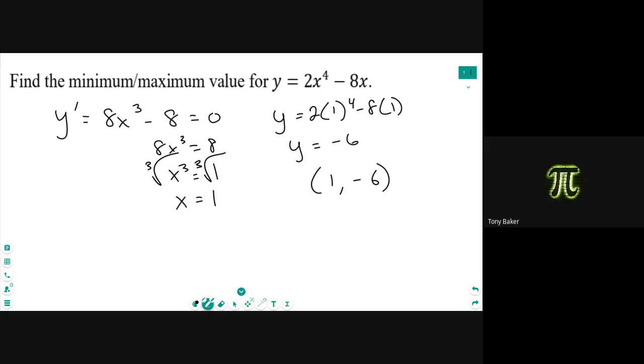Can we do it with the first derivative so I don't have to take the second derivative? You could just look on either side of that critical number to see if it's going to be positive or negative. So if I just plug in 1, I can plug in 0 and 2 and see what happens. If I plug in 0, I'm going to get a negative.